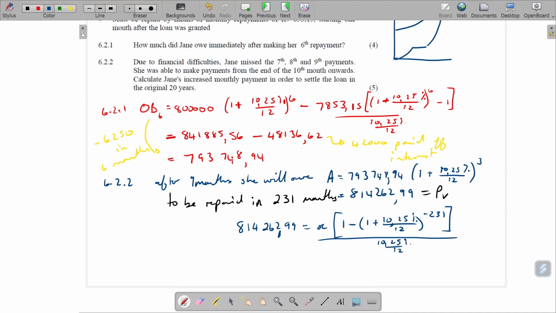So, 10.25% divided by 12, divided by brackets 1 minus brackets 1 plus 10.25 percent, close brackets to the power of minus 231, close brackets, equals, and we're getting an answer of a bit more than that.